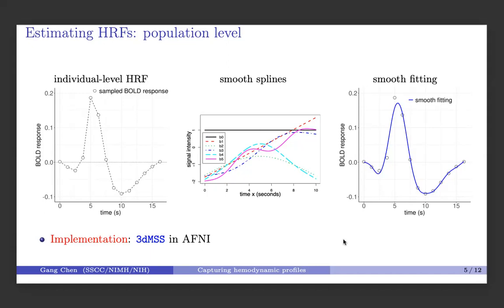So we have more basis functions, more splines, and we capture a higher degree of nonlinearity. With that set of smooth splines, we can capture a smooth hemodynamic response curve like the blue curve on the right-hand side. So that's our workflow to estimate the hemodynamic response functions at the population level.